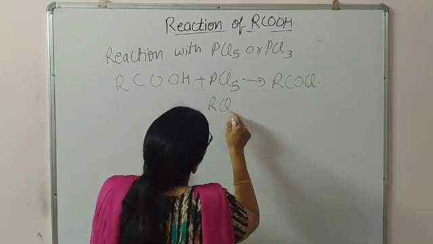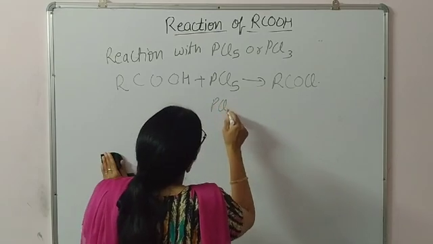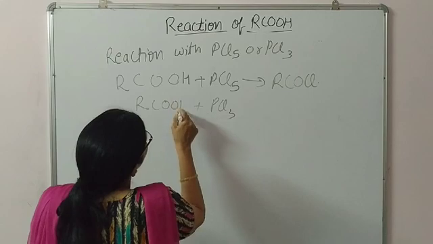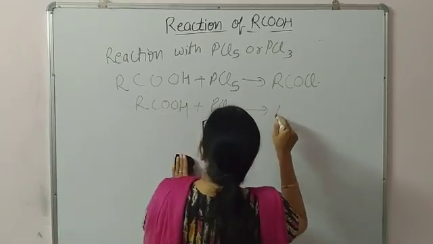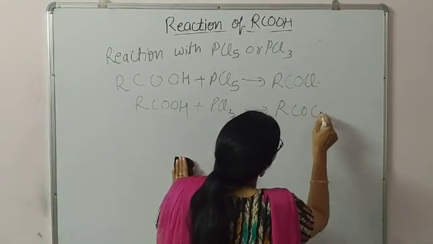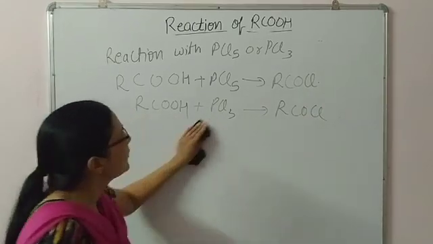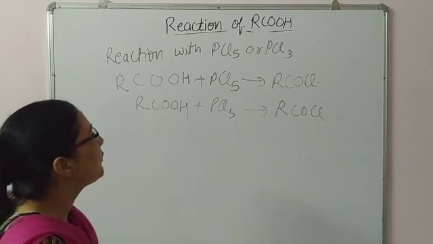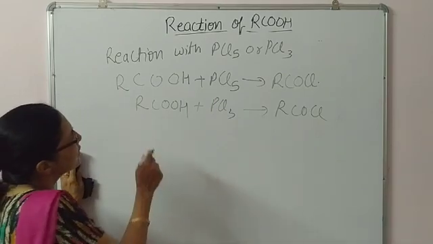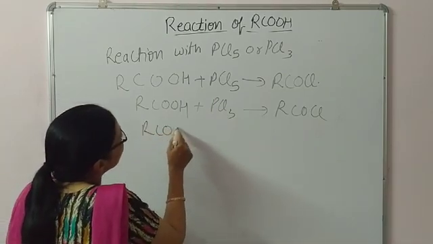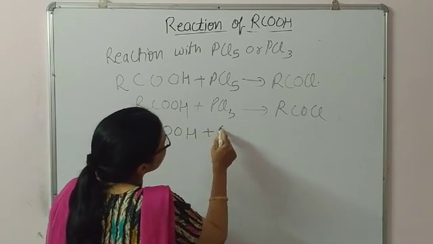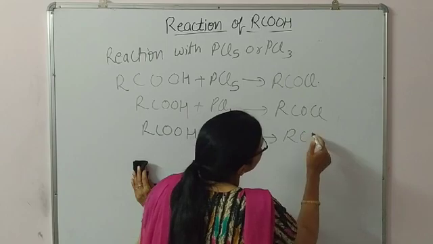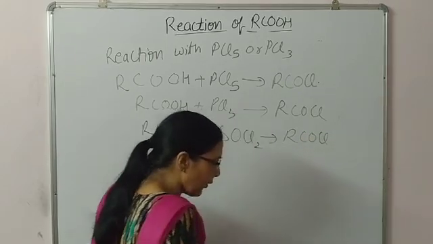Instead of this, PCl3 and carboxylic acid, then also there will be formation of RCOCl. Here H3PO3 will be the side product, and here POCl3 will be the side product. In the same manner, RCOOH plus SOCl2, then also the compound RCOCl will form.